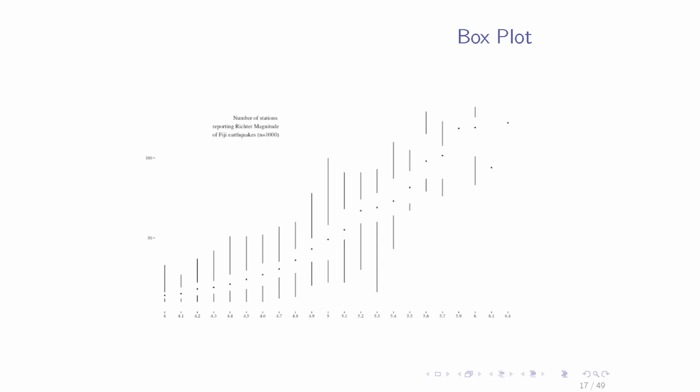I think he's just representing the 95% confidence interval. But there's only a dot for the 6.1 and 6.1. Oh, why are they not? I think it's because there is only one data point. Oh. Yeah. So this is averaged over the year. So there's only one data point in that year.